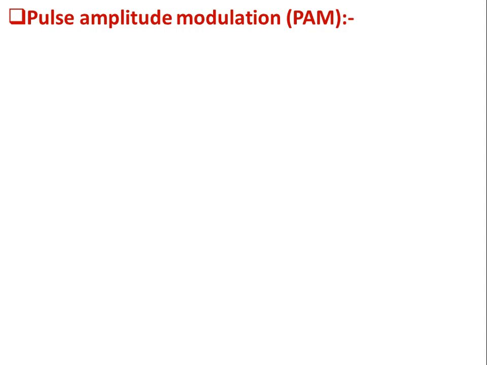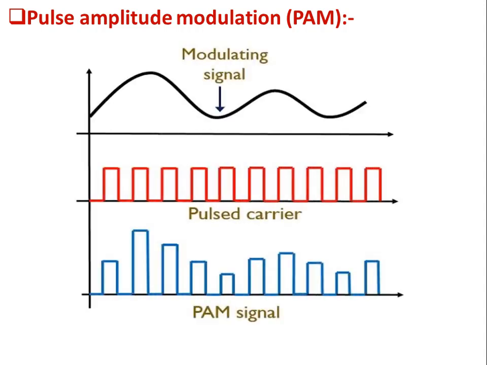If you see the definition of pulse amplitude modulation, it is a type of analog pulse modulation technique in which the amplitude of the carrier signal varies in accordance with the amplitude value or instantaneous value of the modulating signal.